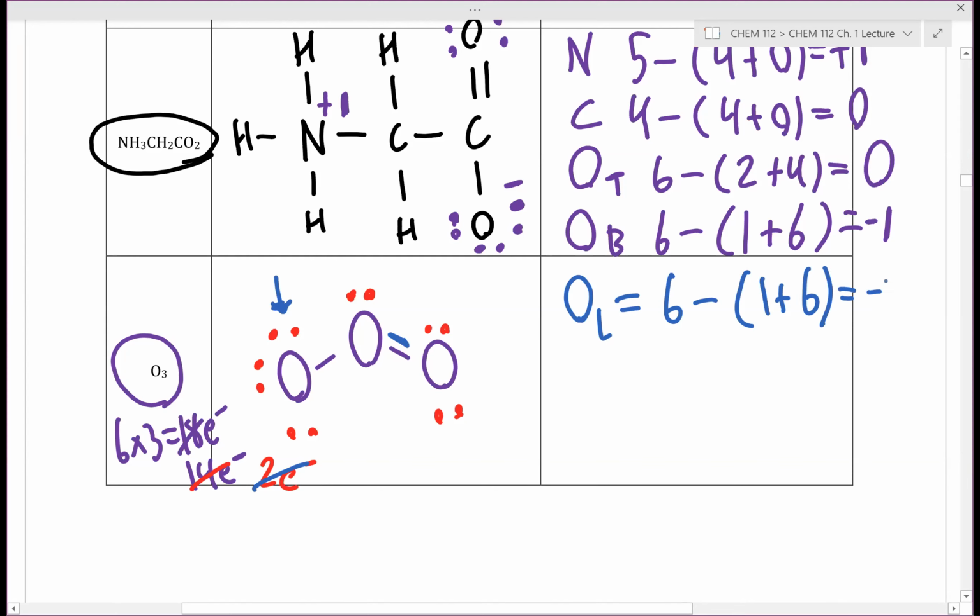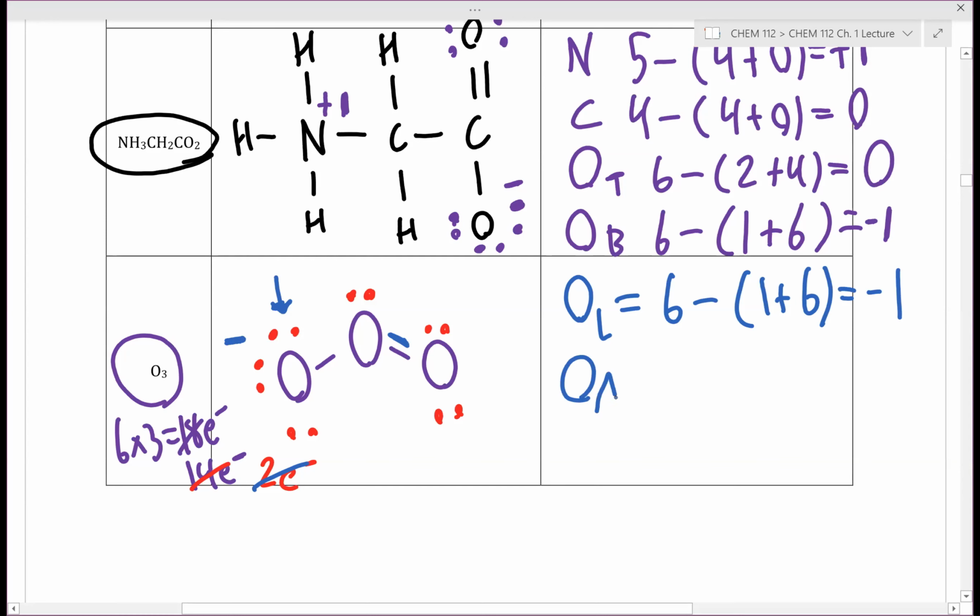Okay, so that gives us a formal charge of -1. Did we just do this calculation in the earlier example? Yes. Does everyone notice how an oxygen with 1 bond and 3 lone pairs always has a formal charge of -1? We are starting to develop this idea of bonding motifs. So let's put the minus symbol next to this oxygen.